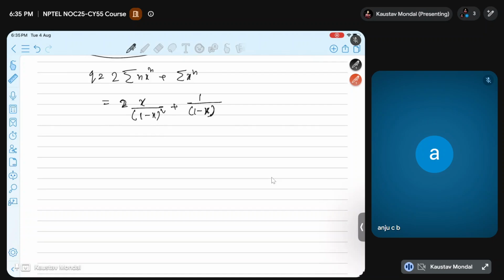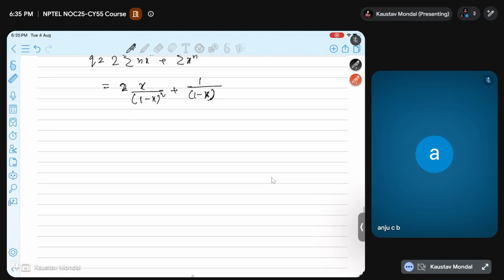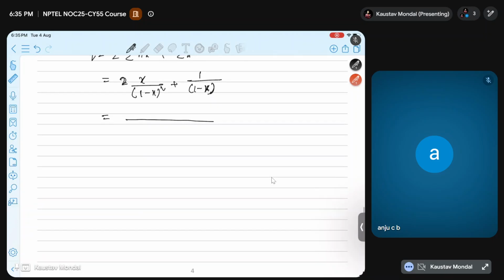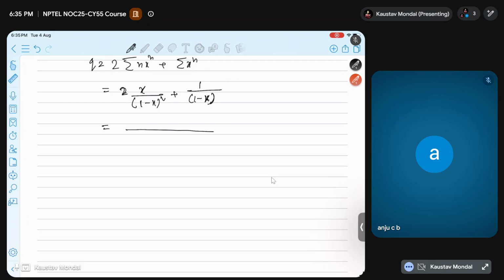Now just do the algebra. Add these two things. This will give you 2x plus 1 minus x over 1 minus x whole square, so this will give you 1 plus x divided by 1 minus x whole square.